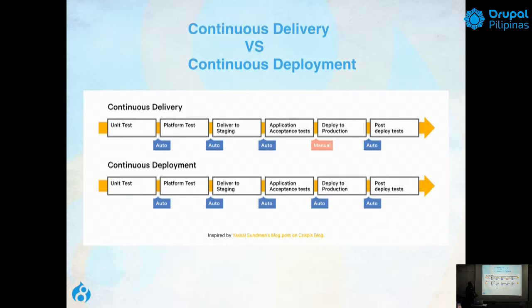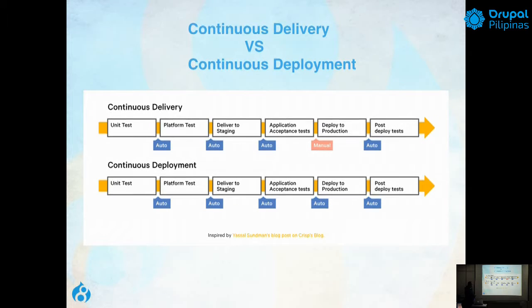And then platform test is basically testing if the main functionality of your platform is working. Then delivery to staging. So these are automated. Application acceptance test. When we say application acceptance test, this can actually mean behavioral testing, content testing.